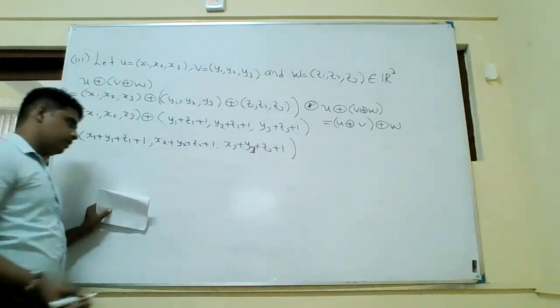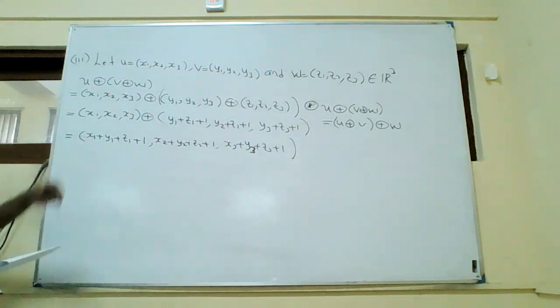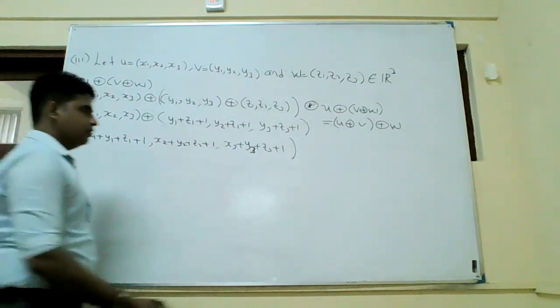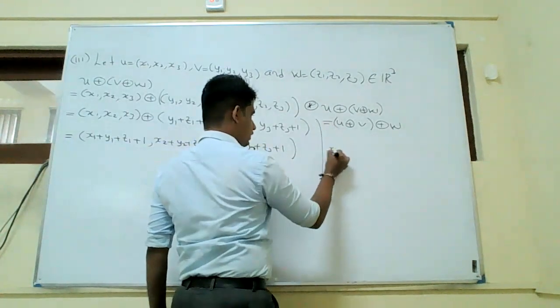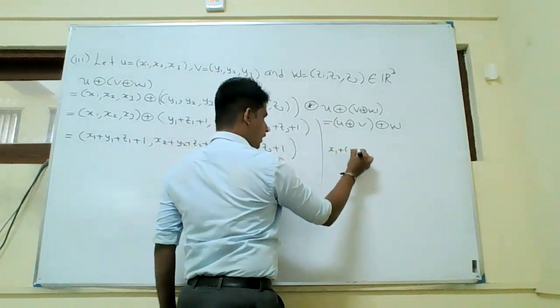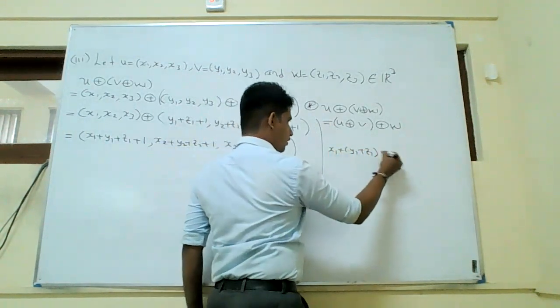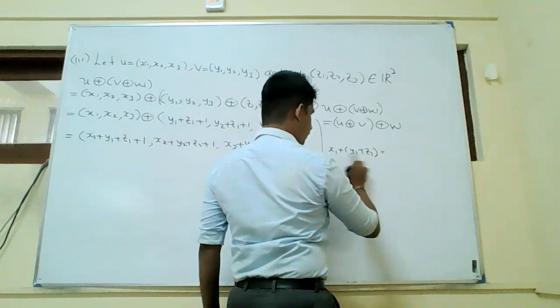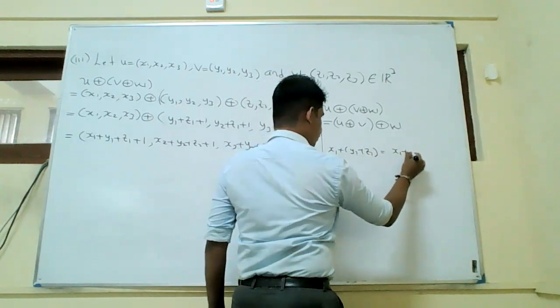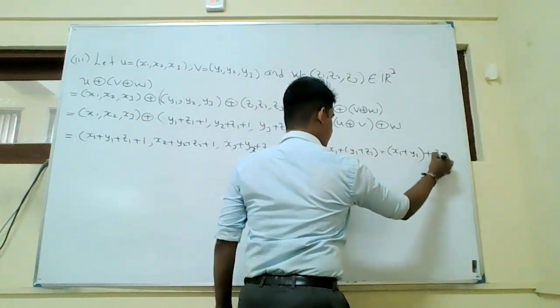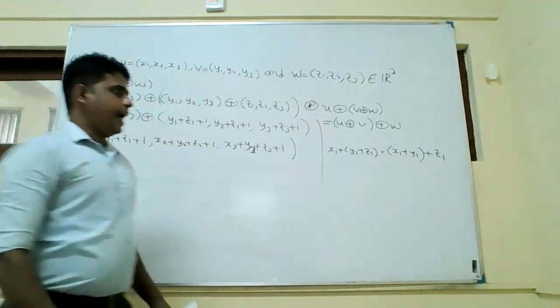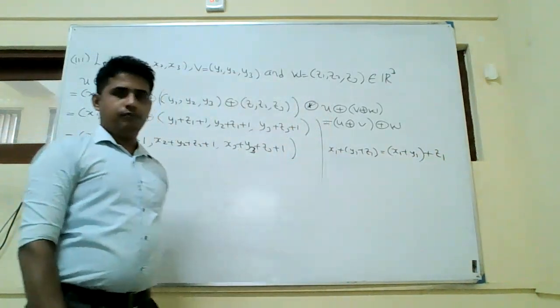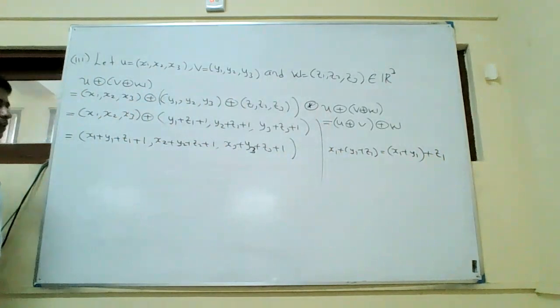So in the real number system, this associative property is satisfied. That means you can write x1 plus y1 plus z1 in the other form. This is the associative property for the real numbers because x1, y1, z1 are real numbers.